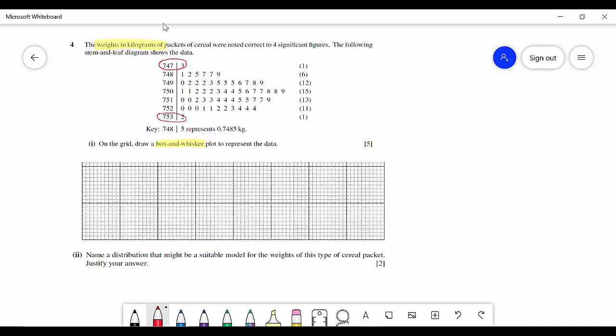To find the first quartile, second quartile, and third quartile, generally you need to calculate how many values you have in total. So you need to total up all these values. If you total all of them up, you have 59 data.